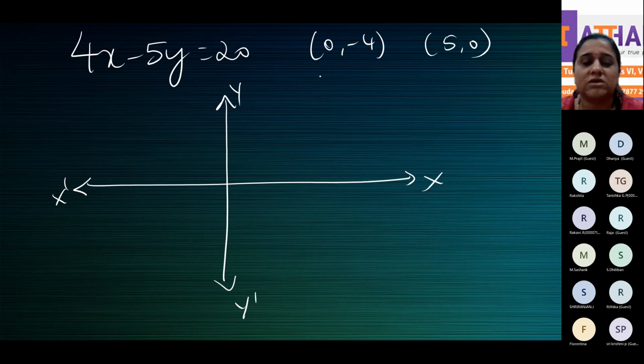So plot this point 0 comma minus 4. Where is 0 comma minus 4? Somewhere here. And where do we have 5 comma 0?